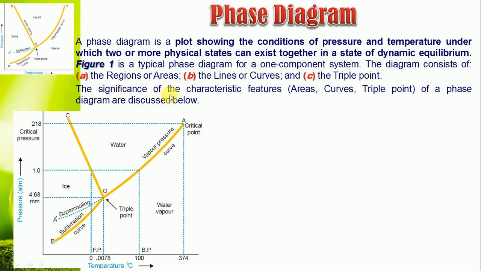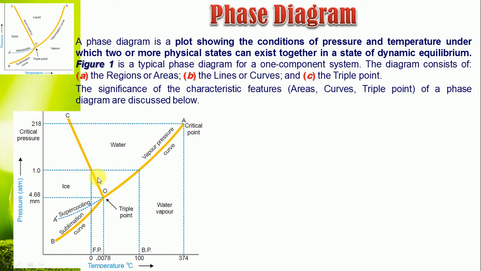The significant features of this phase diagram will be discussed later on. Before that, let me clarify these three main parts of a phase diagram. The regions or areas: region COA, or AOC, this is a region.